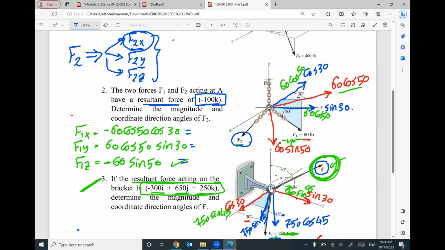We have 60 times cosine 50 times cosine 30, and this value equals negative 33.4. 60 times cosine 50 times sine 30 equals 19.3. And 60 times sine 50, I got negative 45.9.